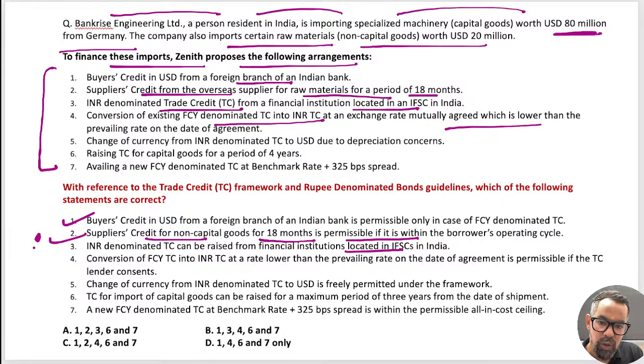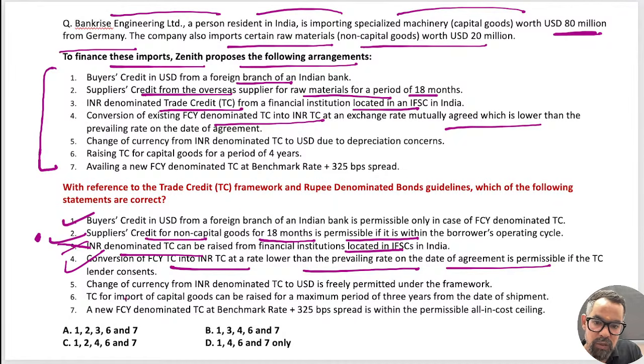INR denominated, no. INR denominated is not possible because IFSC deals with currency other than INR. Conversion of foreign currency trade credit to INR trade credit at a rate lower than the prevailing rate at the date of agreement is permissible, yes. Changes in the currency of INR denominated trade credit to USD freely permitted under the framework itself?